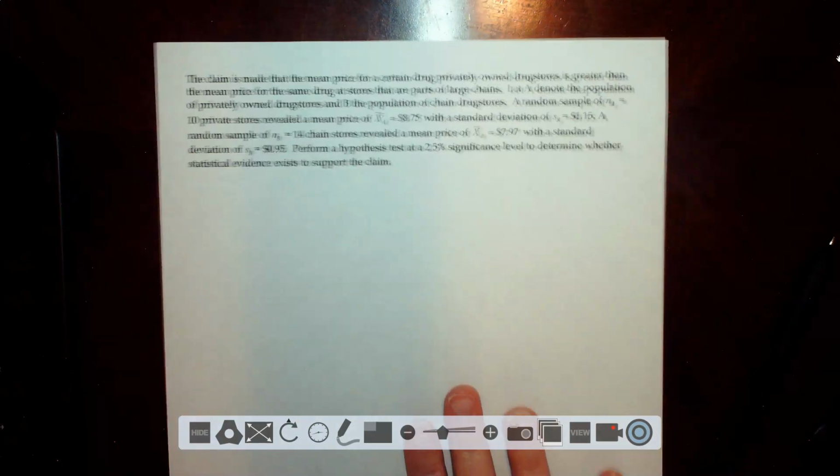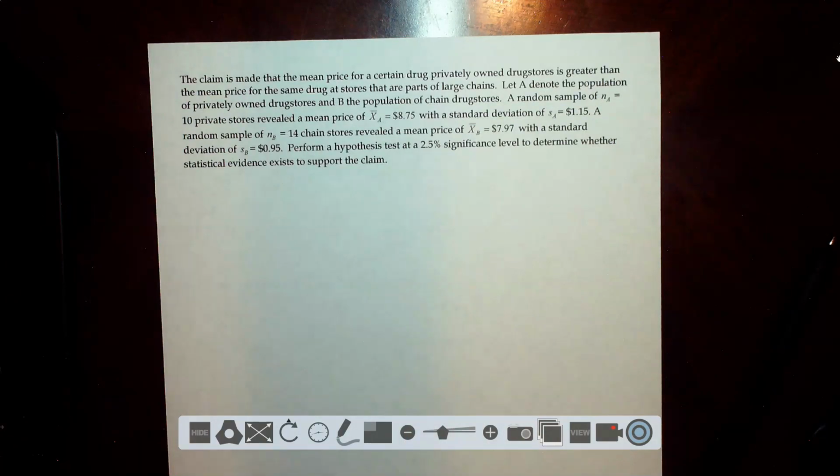So let's go ahead and do one of these. It says a claim is made that the mean price for a certain drug at privately owned drugstores is greater than the mean price for the same drug at stores that are part of large chains. Let A denote the population of privately owned drugstores and B the population of chain drugstores.